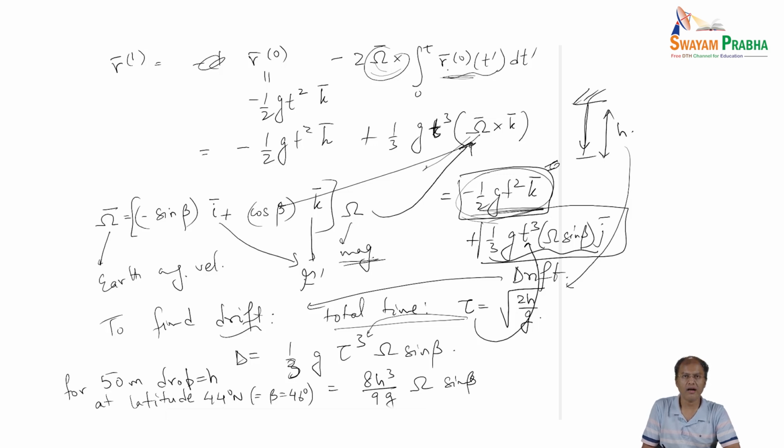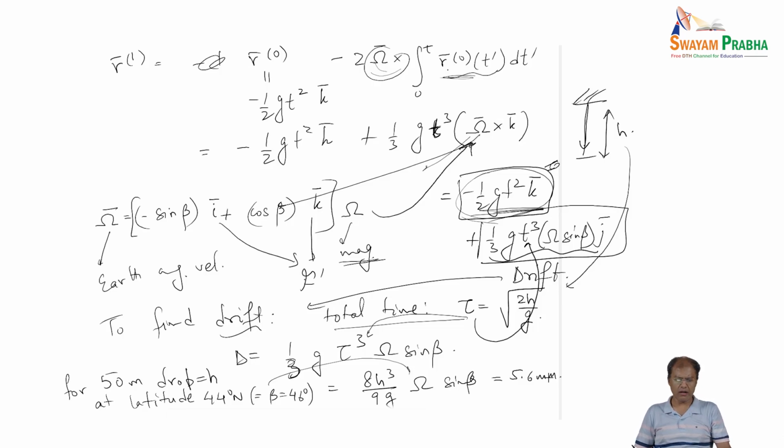Beta is 90 minus theta, so this is 46 degrees. If we plug all these quantities in, our drift comes out to be 5.6 millimeters, right? Of course, because the rotation of the Earth is so small, the drift is appreciably low.